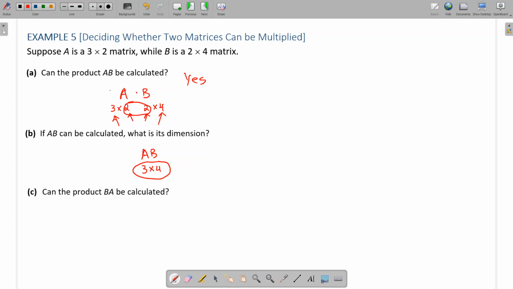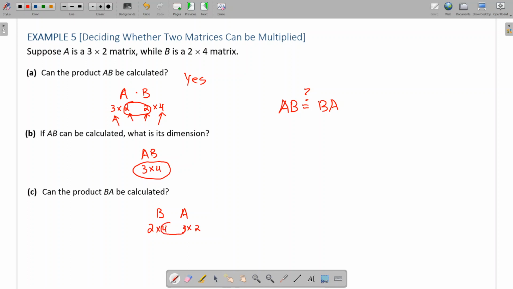Okay, now, so we did AB. What about B times A, if we flip this around? Up to this point, everything we do in math has been commutative, meaning that A times B is equal to B times A. But what about with matrices? Is that still true here? Well, if we flip this around, B times A, B is a 2 by 4, and A is a 3 by 2.